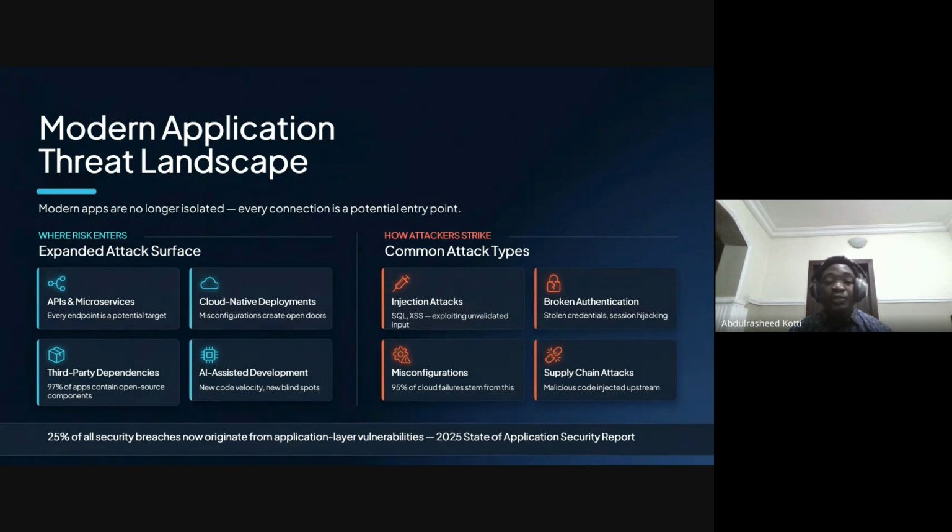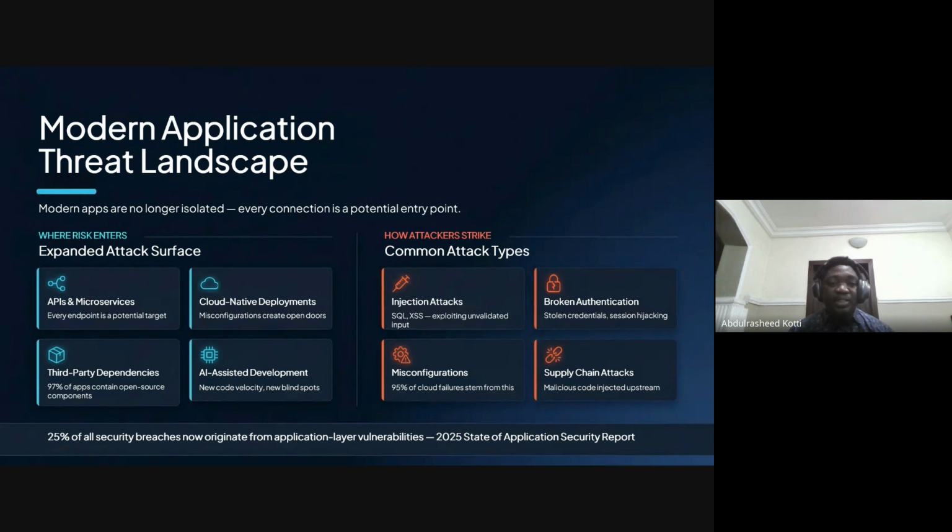Next, we have microservices. Instead of one large system, apps are broken down into smaller parts, and each part would handle a specific function. Next, we have cloud systems. Apps are now hosted on cloud platforms instead of local servers, and this is because of the cost and uptime.